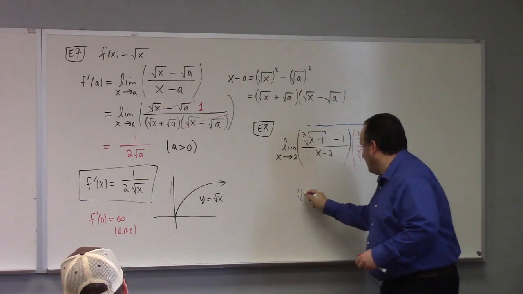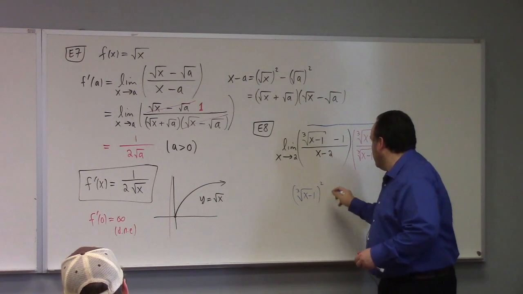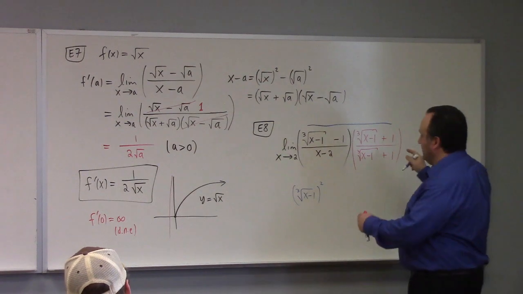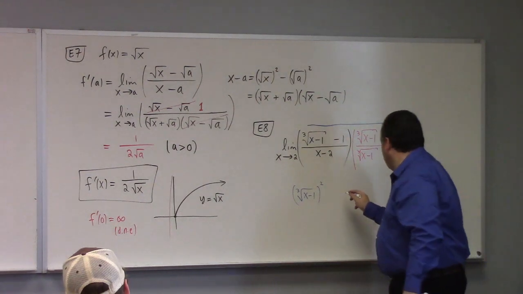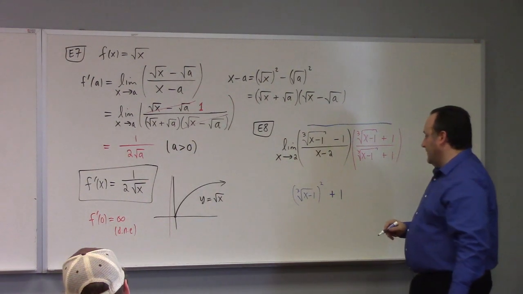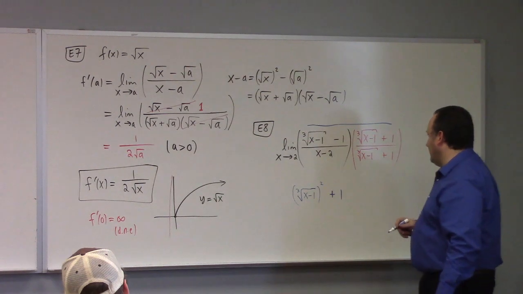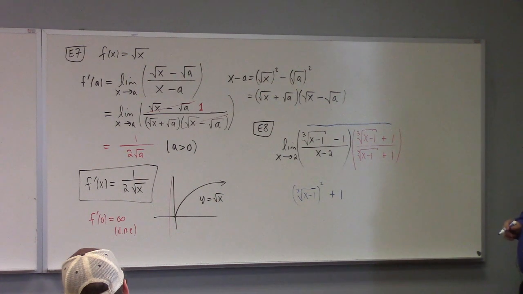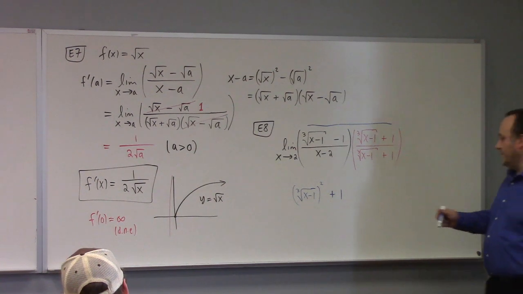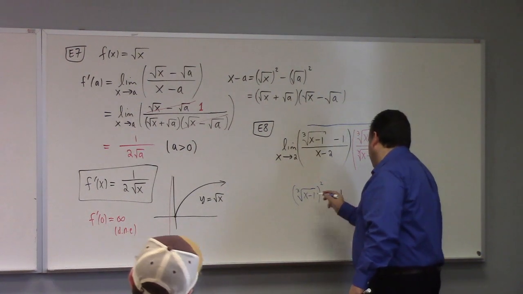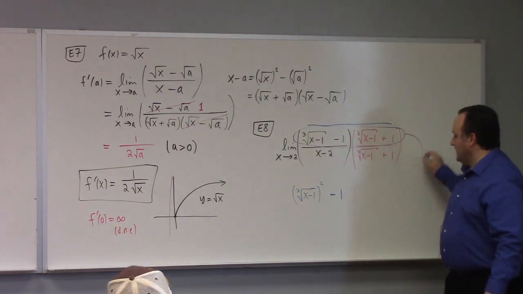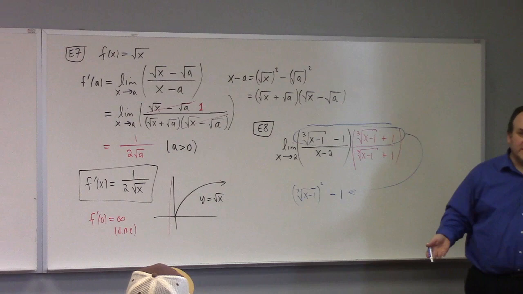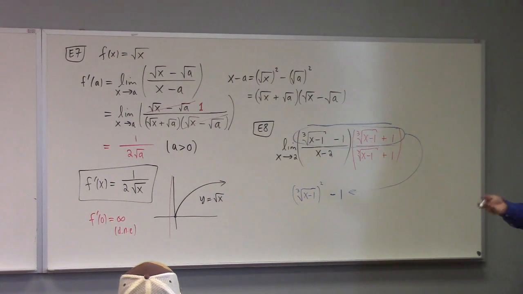You get the cube root of x minus 1 squared, and then minus 1 plus 1, those cancel, but, oh, my bad, minus 1. That numerator simplifies to that, which is not helpful because you've still got a radical. You haven't removed the radical.